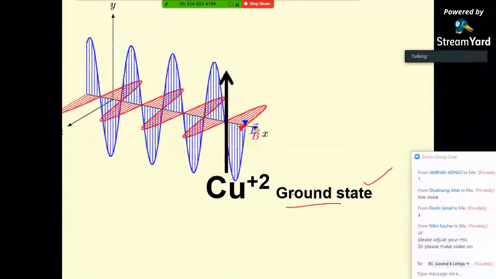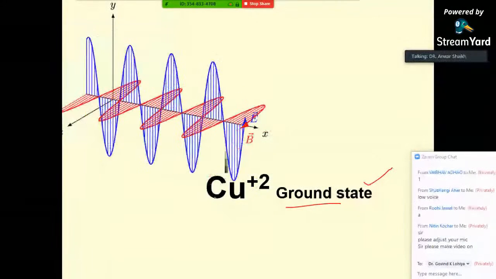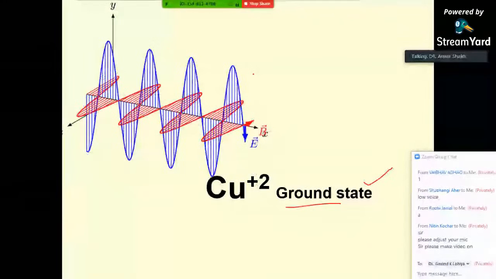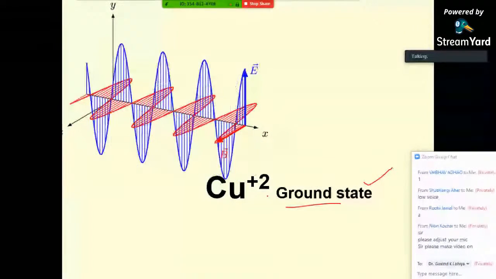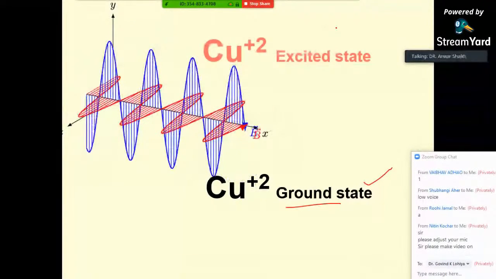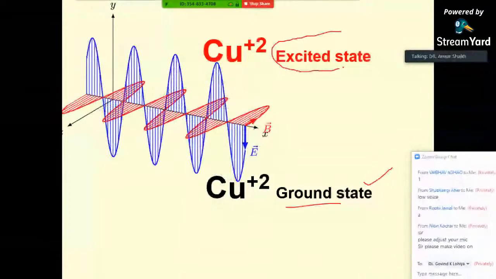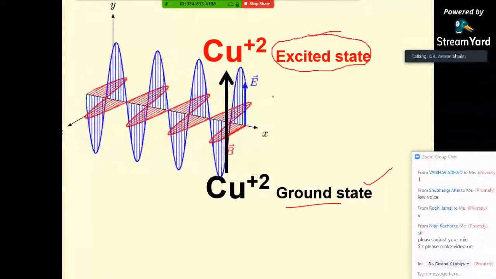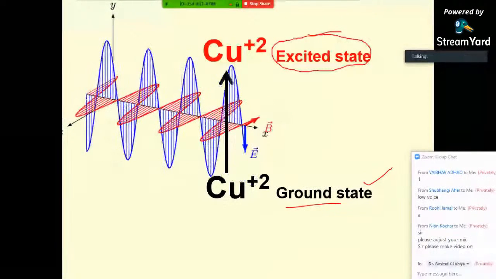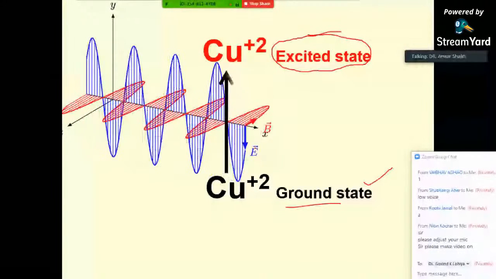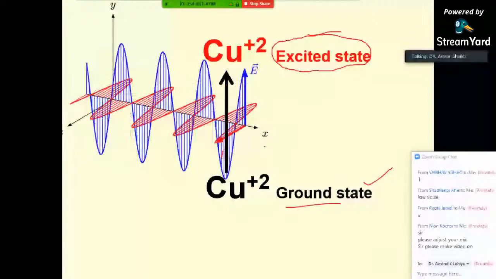When electromagnetic radiation is passing through these copper ions, what happens? It goes to the higher energy level, that we say the excited energy level, and it absorbs some amount of energy from these waves. By absorbing some amount of energy, it goes to the higher energy level.